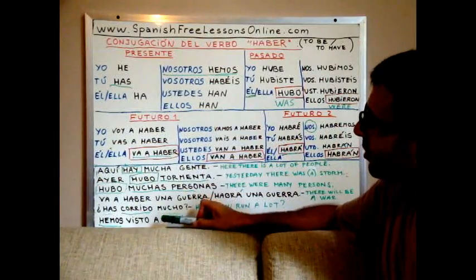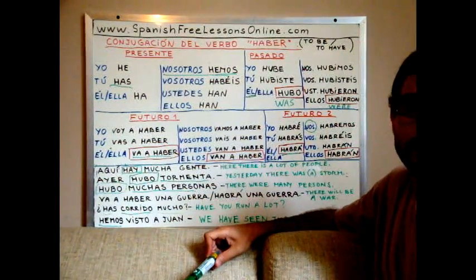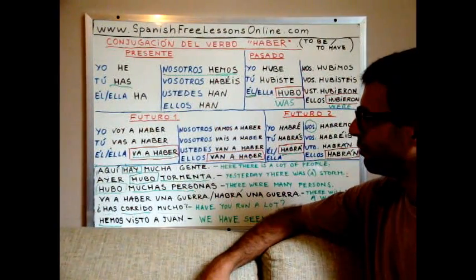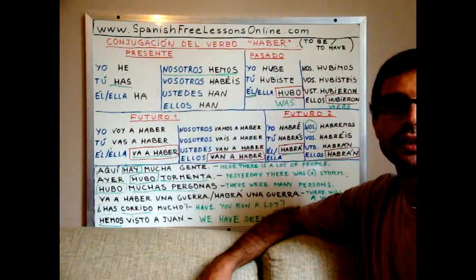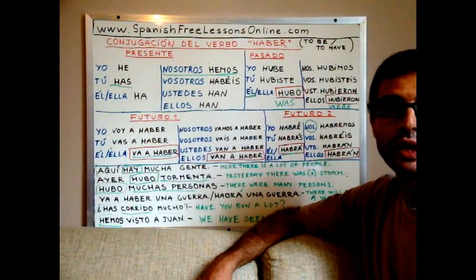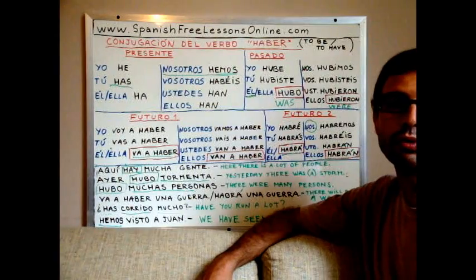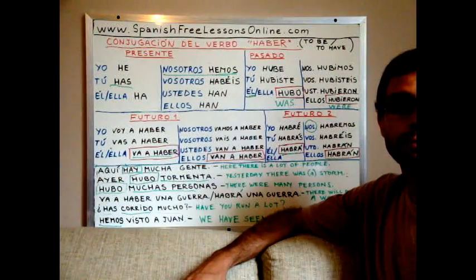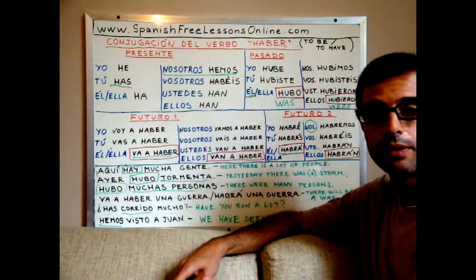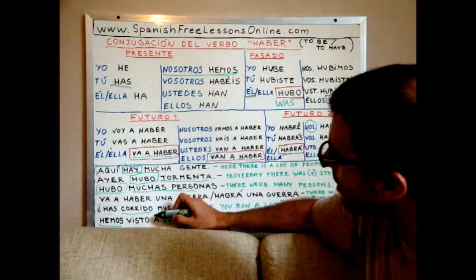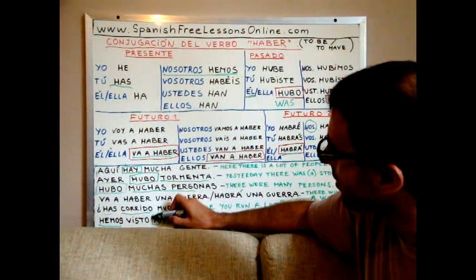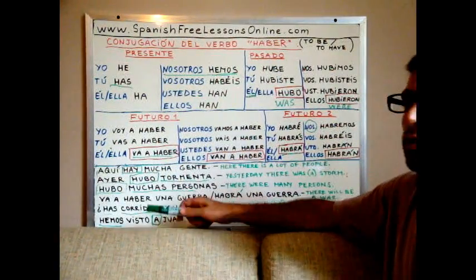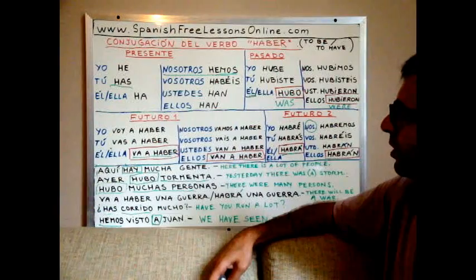Literally this would be, we have seen to Juan, right? Hemos visto a Juan. If we want to say we have seen a house, we would say hemos visto una casa. If we want to say we have seen the house, we would say hemos visto la casa. But if we say we have seen somebody, then we need to use this short word, a, right? To somebody. In this case, we have seen Juan.